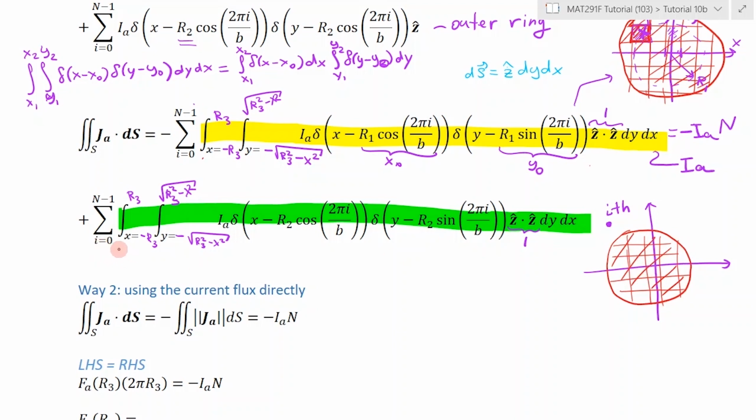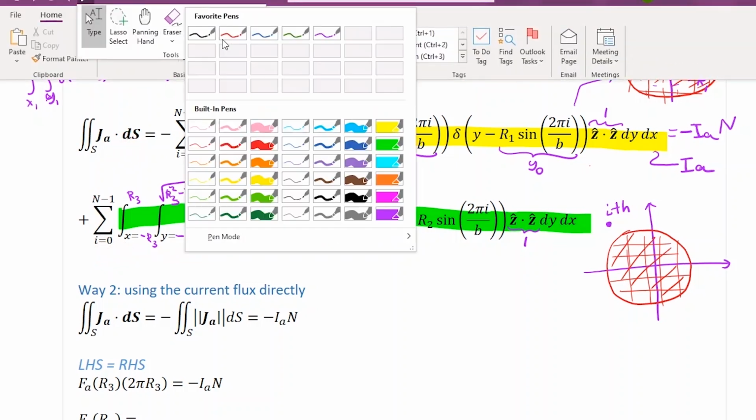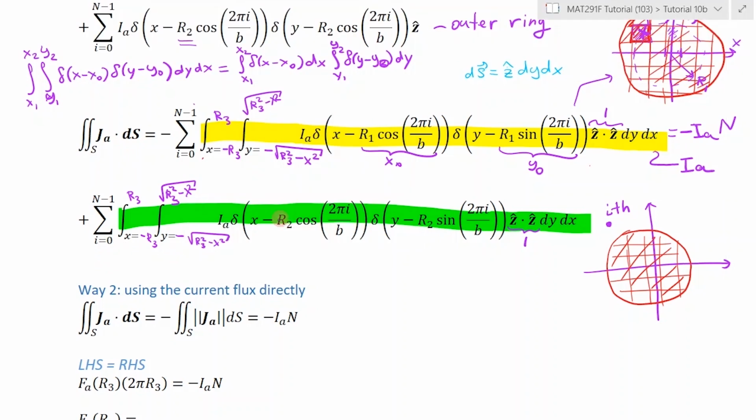So this integral is equal to 0. And this happens for every one of the locations where the wire pierces the page on the outer ring. So actually, what am I doing?